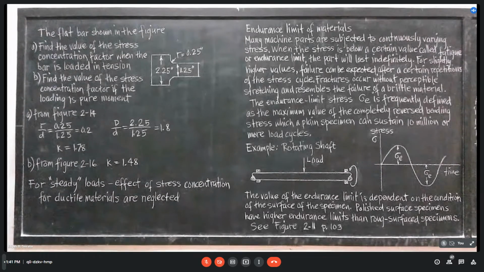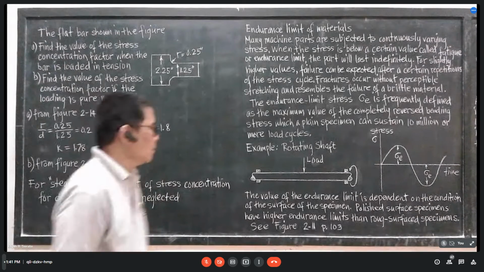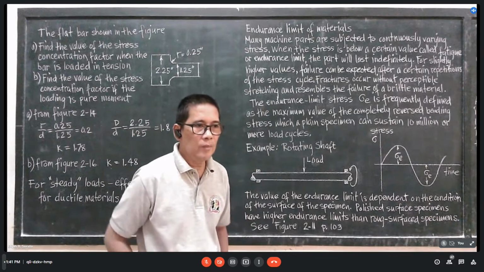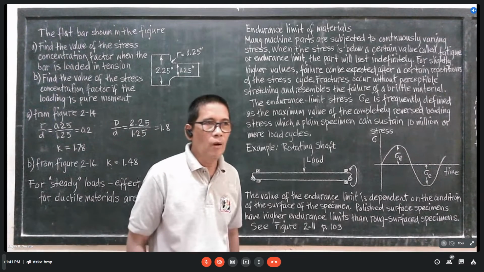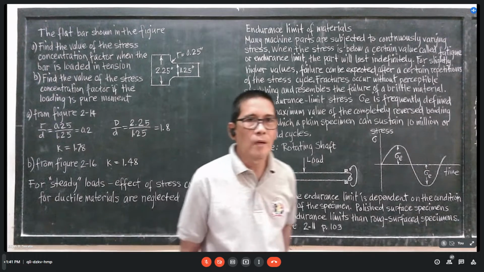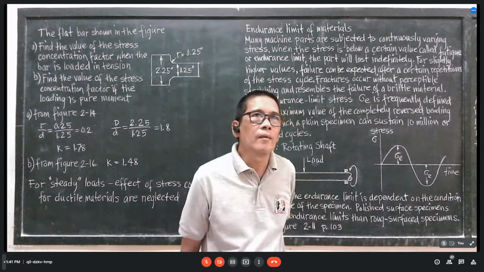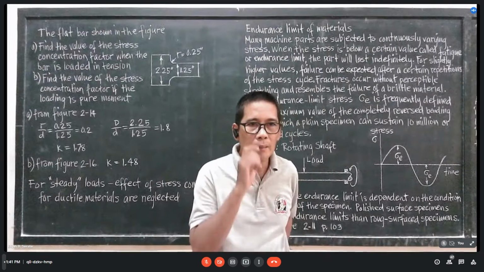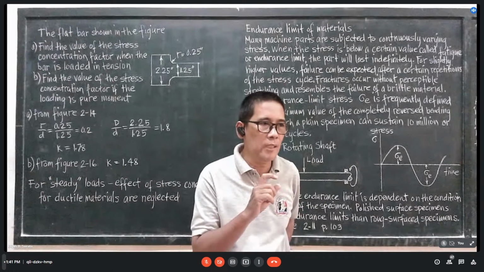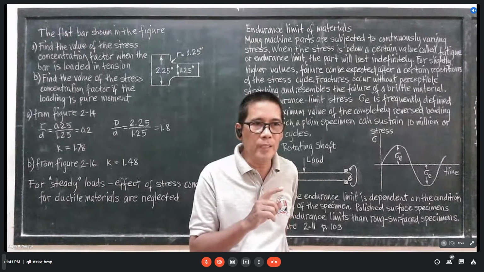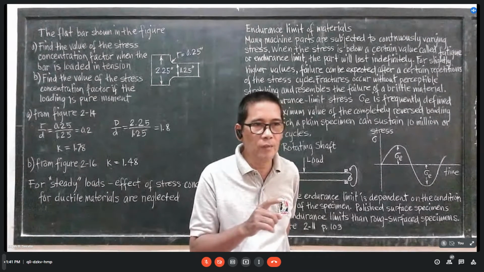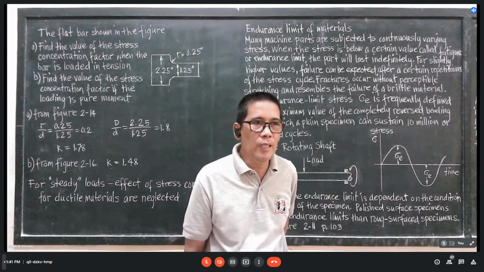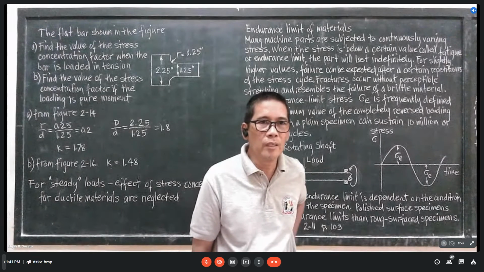Now you might ask, since the stress is only in a part of the material where there is an abrupt change of cross-section, but only on the surface, as you have seen on the figure at letter B. That is where the stress concentration occurs.